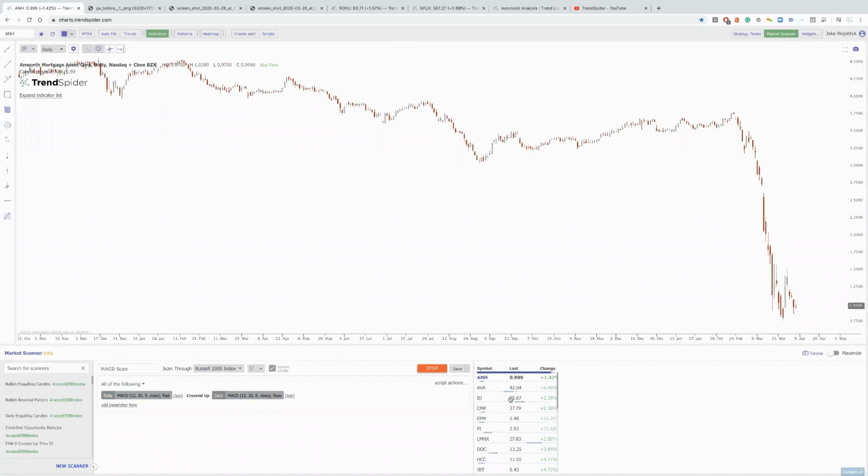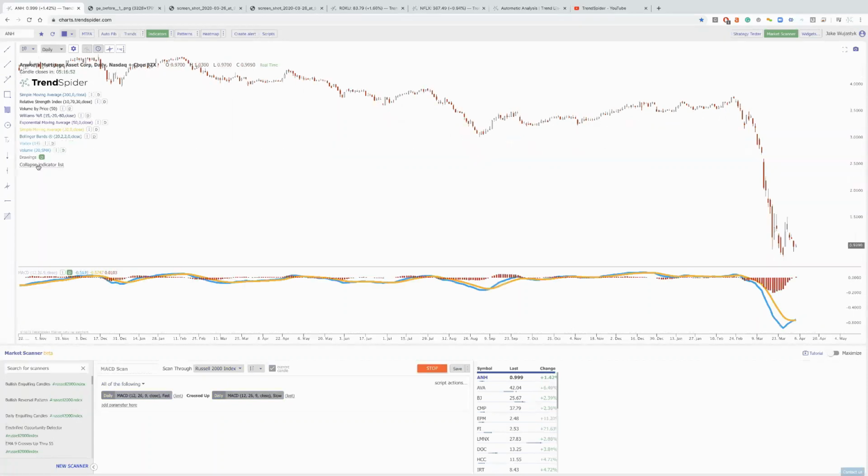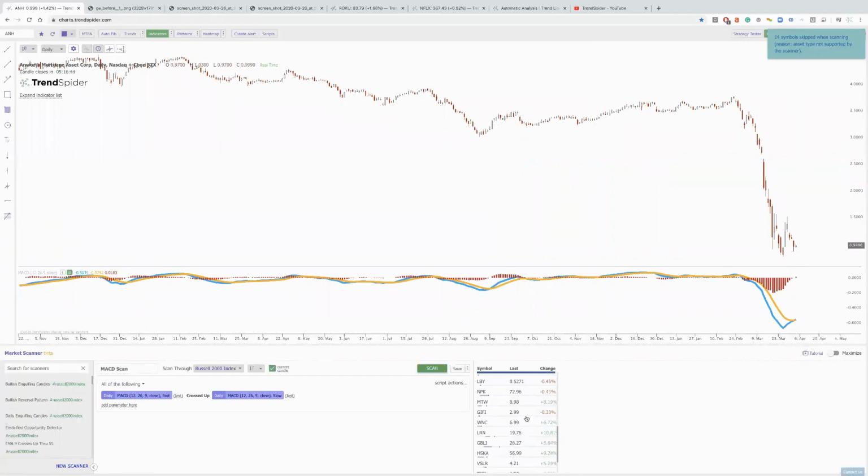So here I've got all of these different symbols that are currently forming an intraday MACD cross. If we go up here, you'll see the MACD just crossing here, but the day's not over. This may close way down here and this MACD cross may fail. So this is really for people who want to scan for patterns that are currently still in force, and pick up on that before it actually closes.